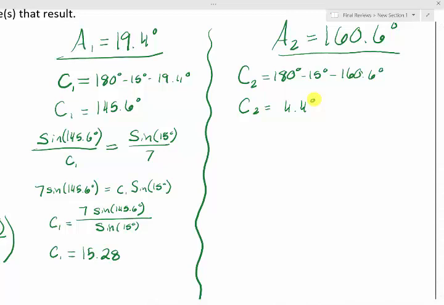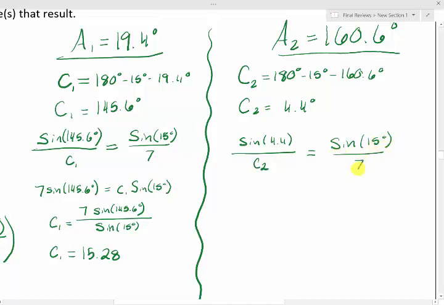So then we're going to go ahead and solve for side C sub 2. And we're actually going to use the same proportion we had from before. So I'm going to have the sine of the angle I just calculated over, and this time it'll be side C sub 2, equal to the sine of 15 degrees over 7. And we can cross multiply again.